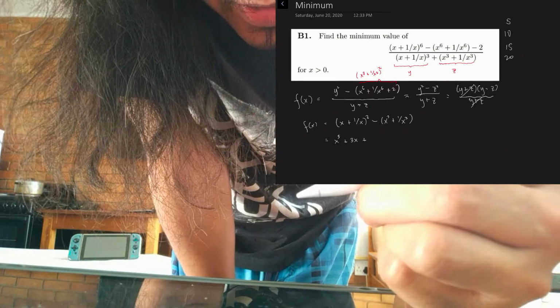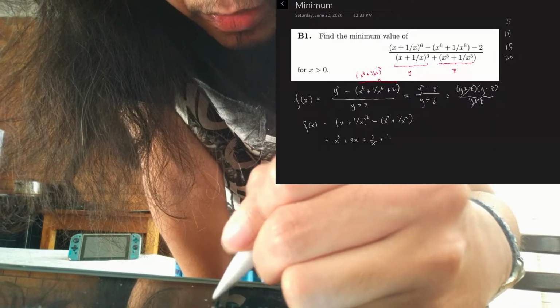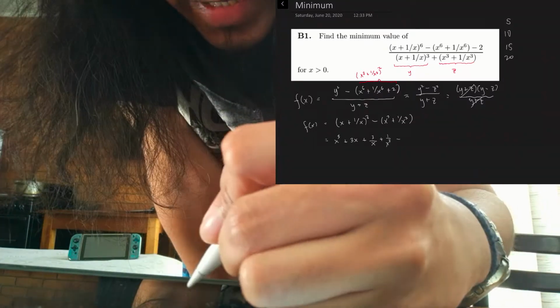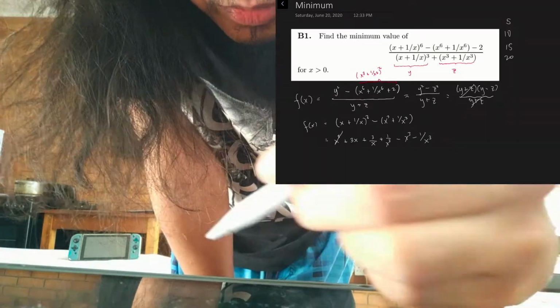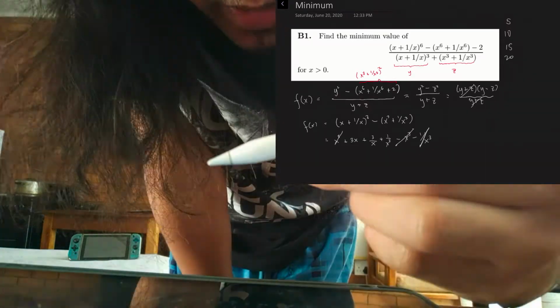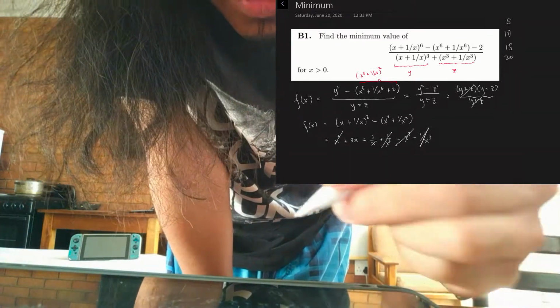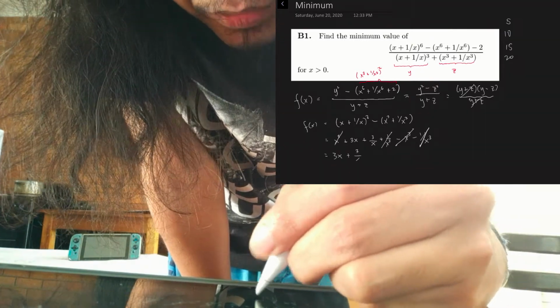So you have 3 over x, plus 1 over x cubed, right? And then you have minus x cubed minus 1 over x cubed. So this term cancels with this term, and this with this. So our f of x is just 3x plus 3 over x.